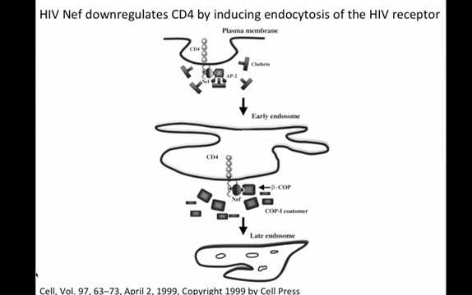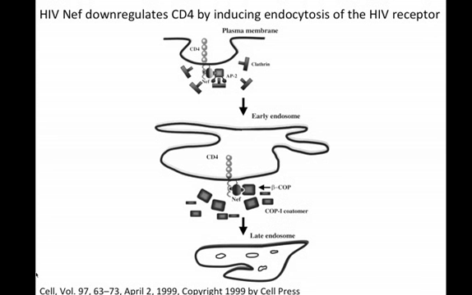So the HIV virus downregulates CD4 by inducing endocytosis of the HIV receptor. Actually, it has its own protein that acts as an adapter protein and interacts with clathrin and CD4, and basically induces endocytosis that way.